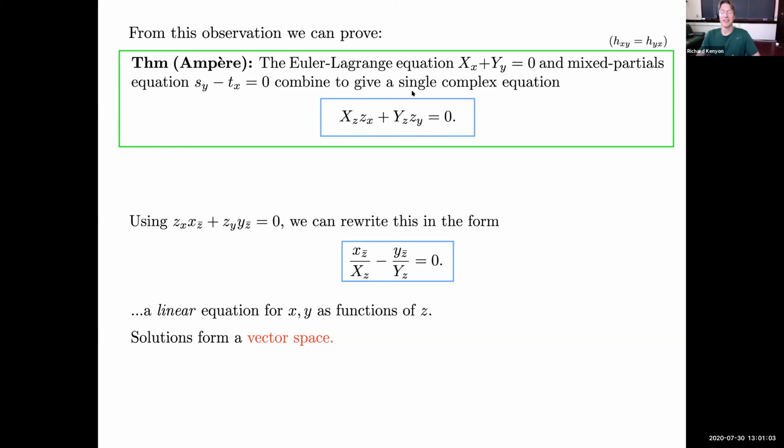Those combine in some sort of magical way into a single equation of one complex variable, z. So here, this coordinate z really is the magic coordinate because it allows you to combine these two real equations into one complex equation. This is a complex multiplication now: x_z times Z_x plus y_z times Z_y equals 0.